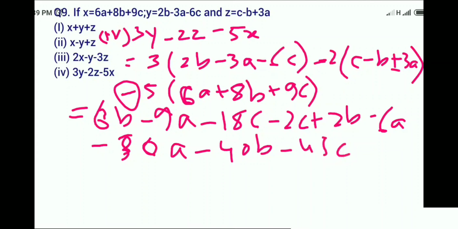Now we will calculate all the variables together. So first we take 6b, all b's. 6b plus 2b equal to 8b, 8b and minus 40b. 40 is greater, therefore 40 minus 8 will be equal to minus 32b.